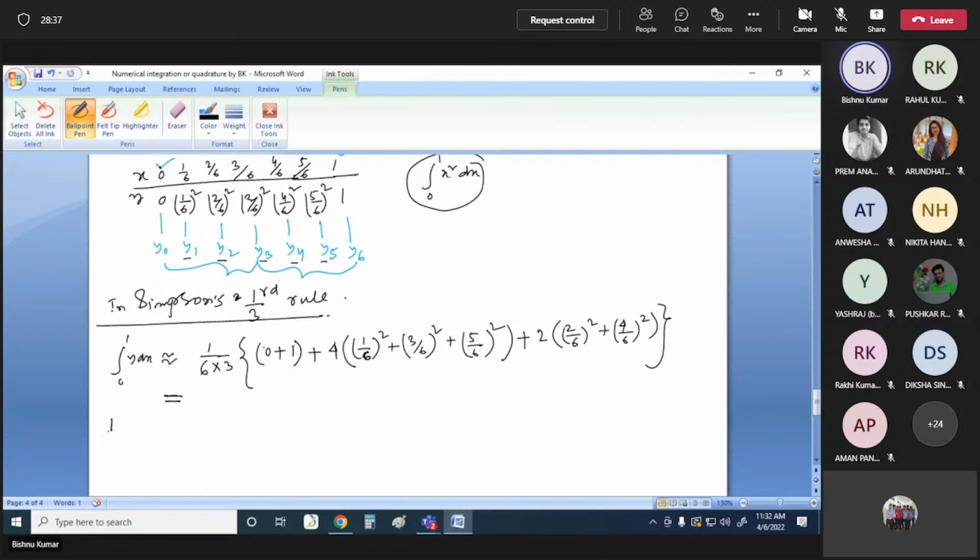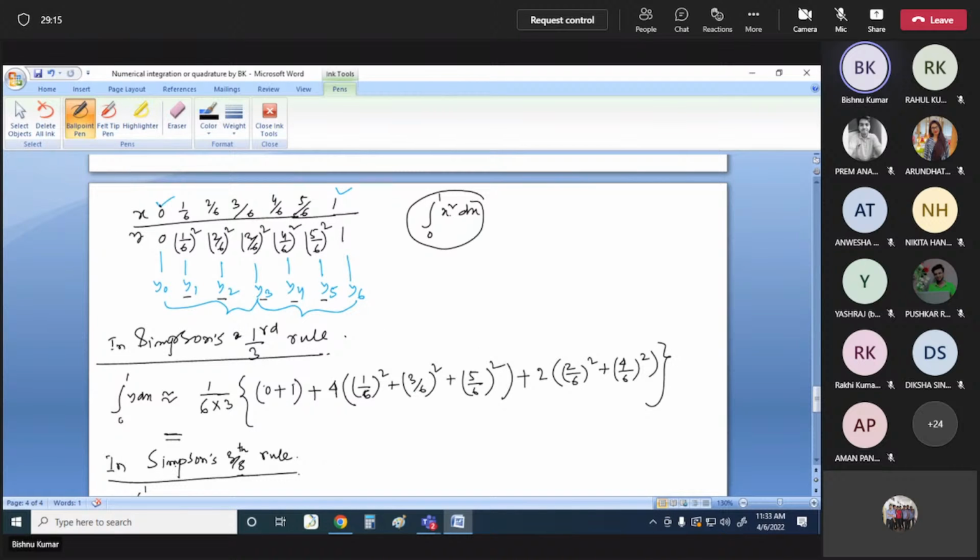And I am writing the structure of Simpson 3 by 8 rule. So, what is the answer?